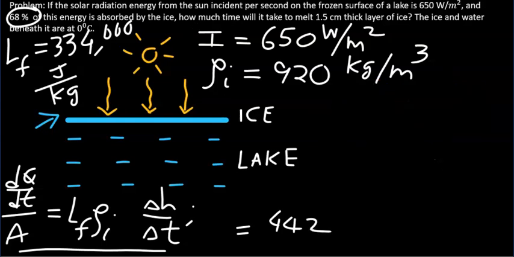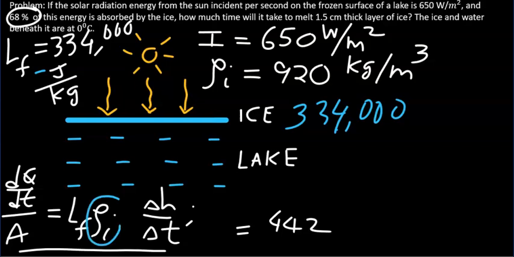So now let's substitute all the information that we have. L sub F is that number, so 334,000. The density of ice is 920 times delta H. Delta H is the thickness of that ice layer that melts, which is 1.5 centimeters.